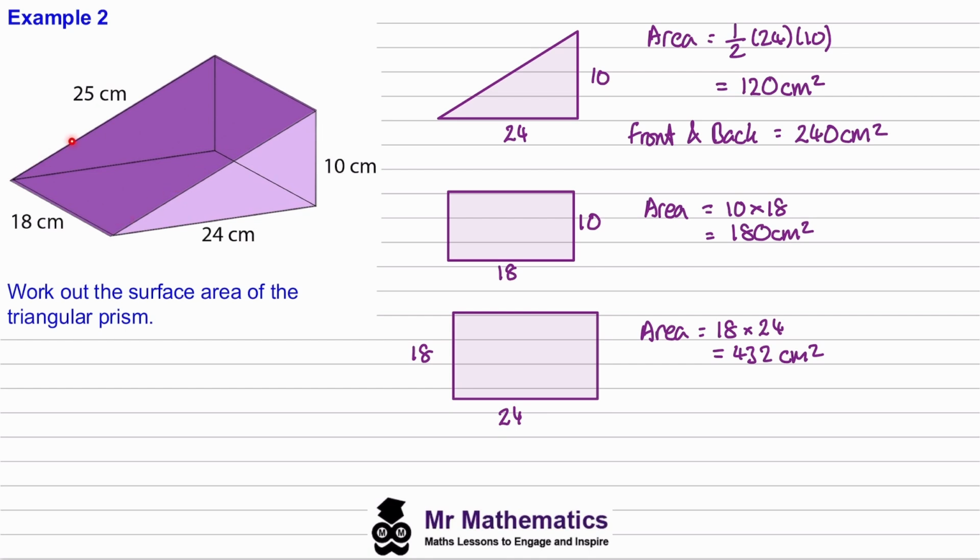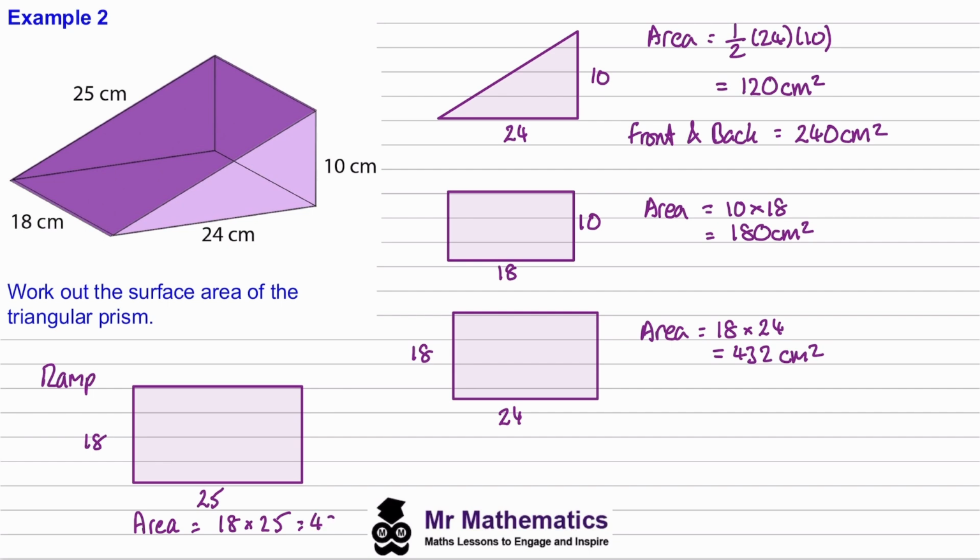This has a length of 25 and a width of 18. So we'll have the ramp, which will be another rectangle. We'll have 25 by 18. So the area will be 18 multiplied by the 25, which is 450 centimeters squared.